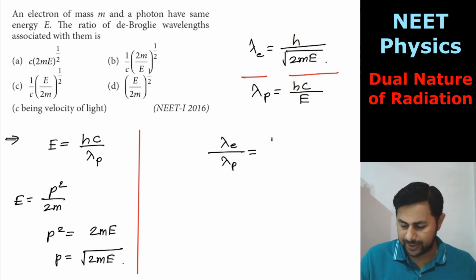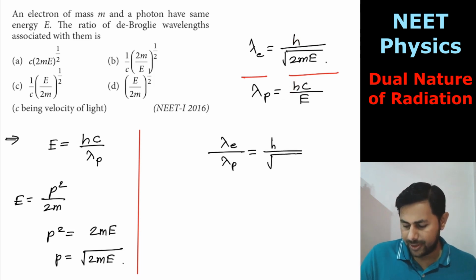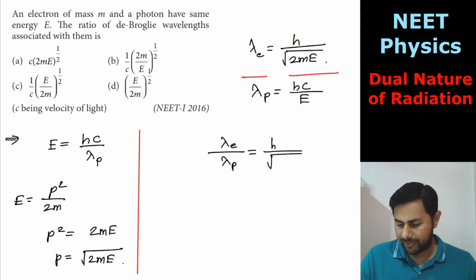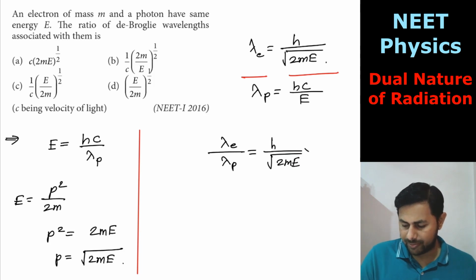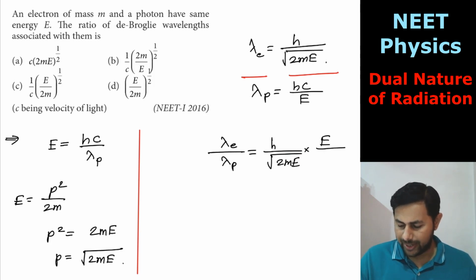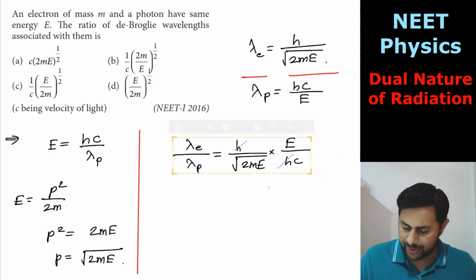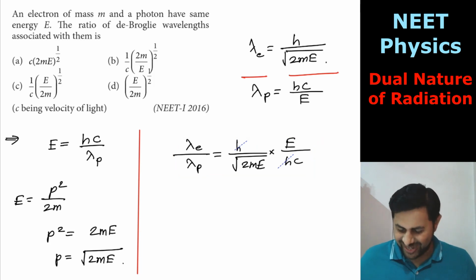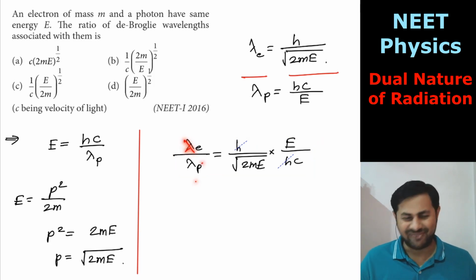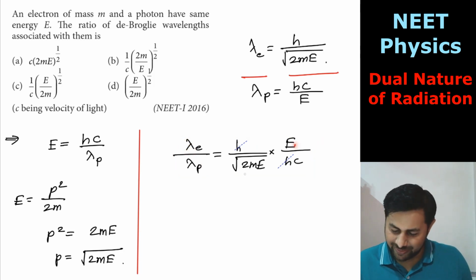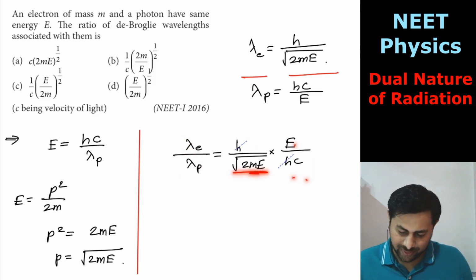Or let's write this religiously. h divided by square root of 2mE multiplied by E by hc, okay? So h, h will get cancelled, and then lambda e by lambda p is equal to E divided by this thing, okay?